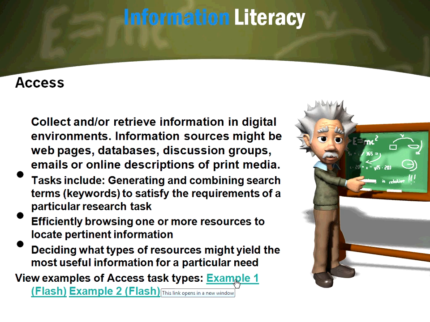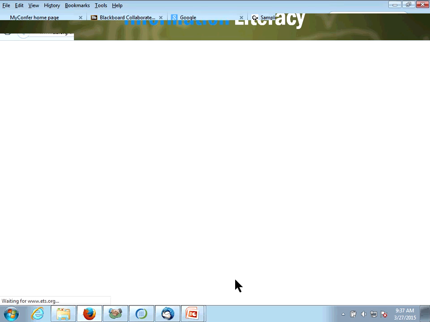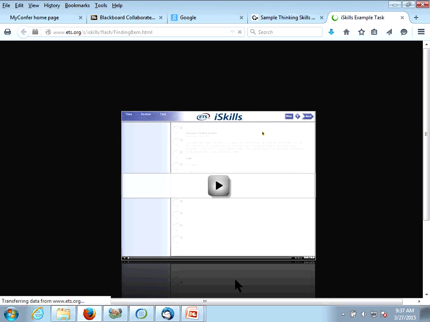Let me give you an example of a critical thinking assessment in which we are accessing information. This might be a little difficult to read, but this is from Educational Testing Service. You probably are familiar with that acronym. They do many of the bubble tests, standardized tests.